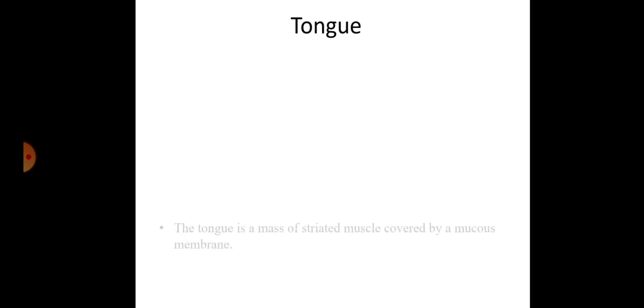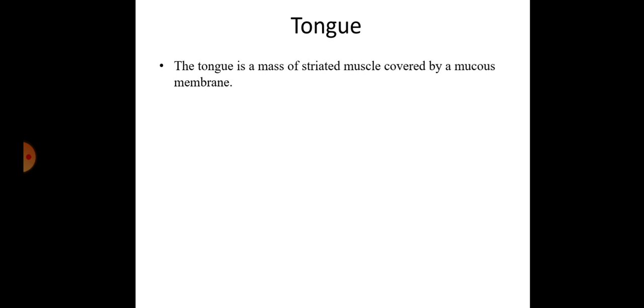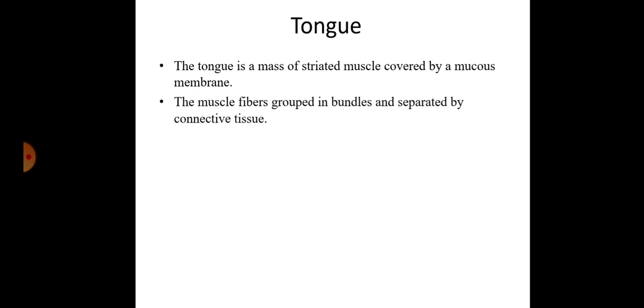The tongue. The tongue is formed by skeletal muscle covered by mucosa membrane. The muscle of the tongue is arranged into bundles. These bundles are separated by connective tissue.